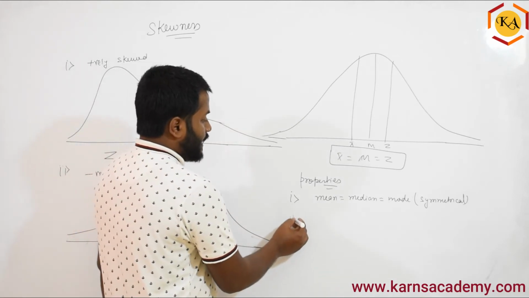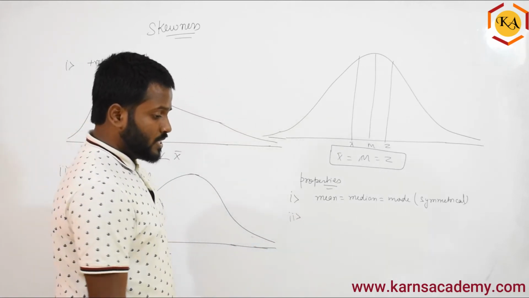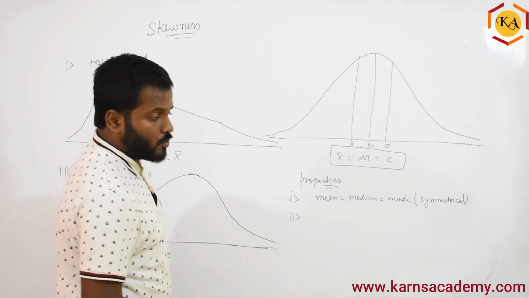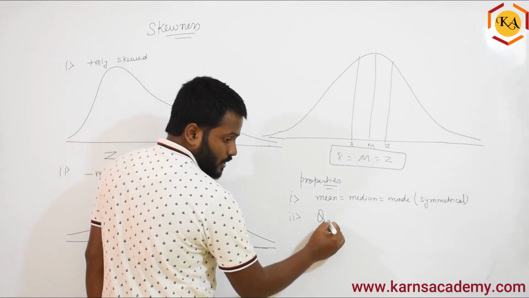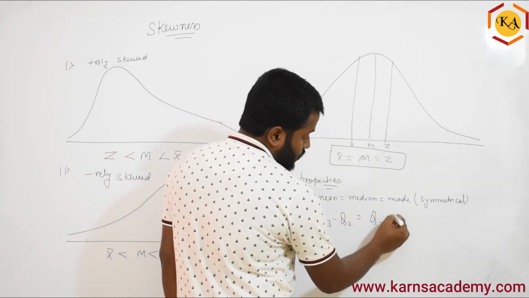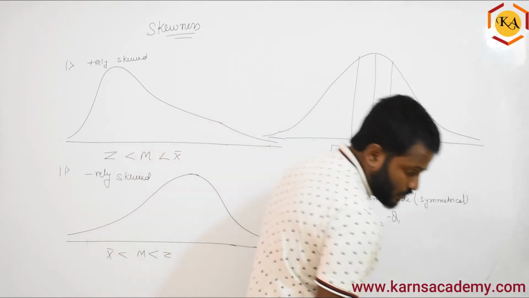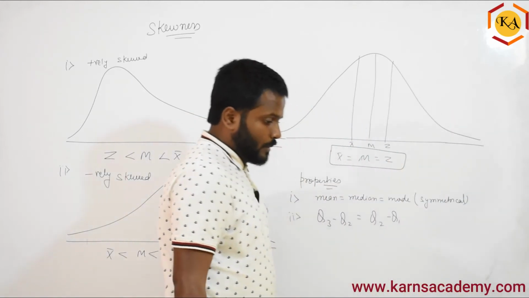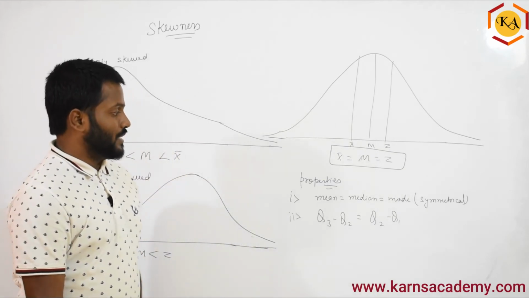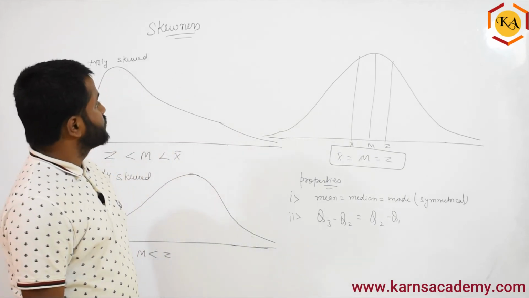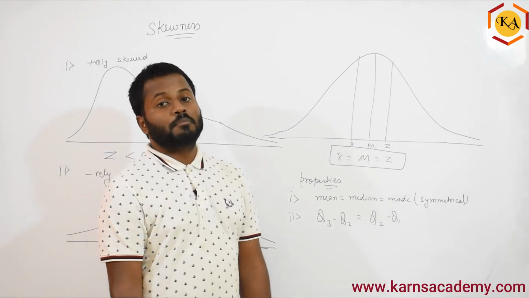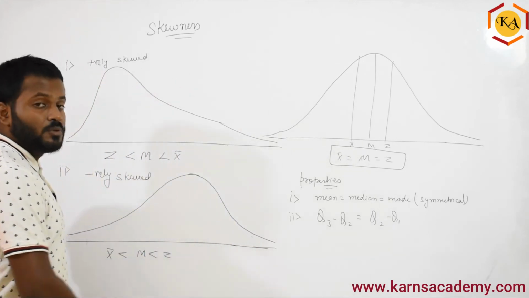Next, the second property is based on quartiles: Q3 minus Q2 should be equal to Q2 minus Q1. This is the second property based on the quartile that you have to study. So make a note of it, and then we will study the different methods of calculating skewness.